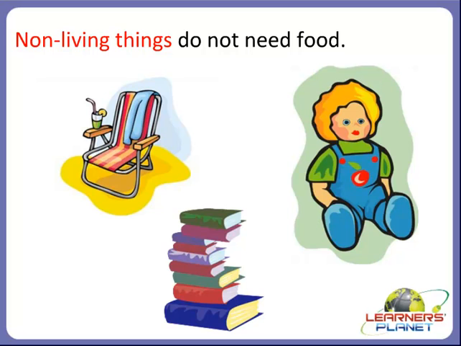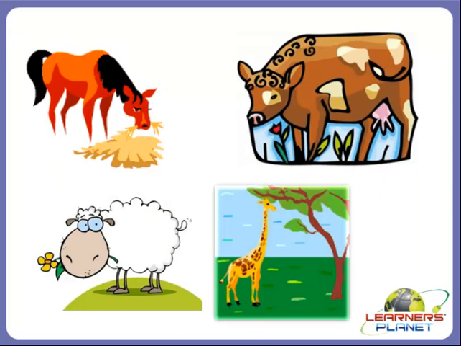Okay children, now we can see some examples of living things. Animals eat plants or other animals as food.